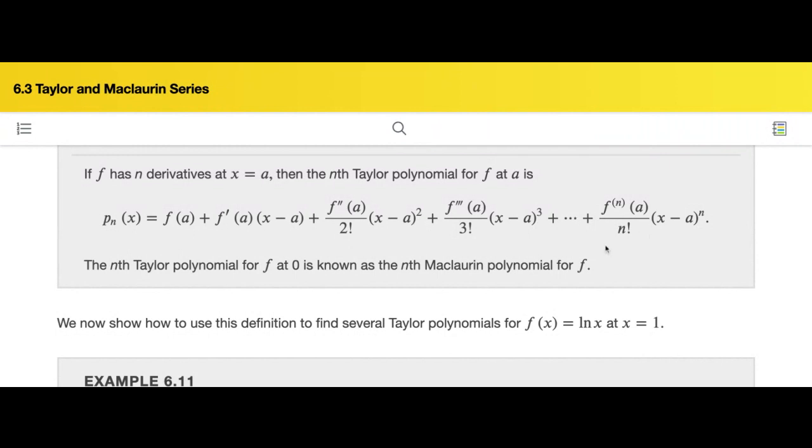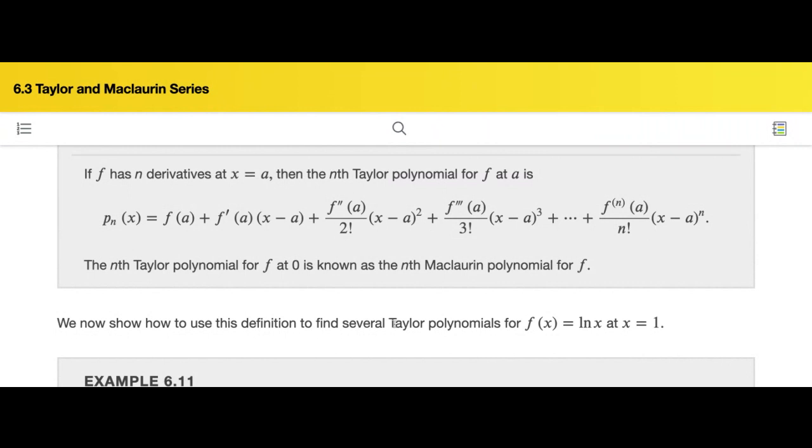So this is called the nth order Taylor polynomial. The nth order Taylor polynomial for f at 0 is called the nth Maclaurin polynomial for f. Right.